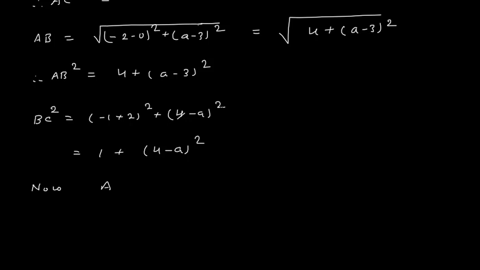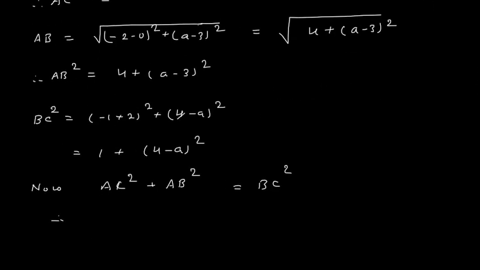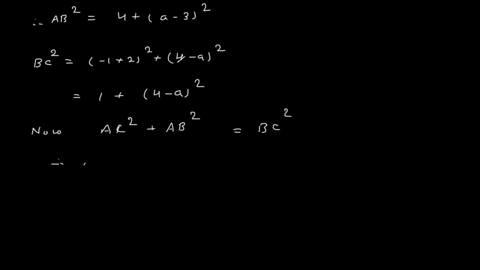Now we know that AC square plus AB square is equal to BC square. Therefore, we will say that 2 plus 4 plus a minus 3 the whole square is equal to 1 plus 4 minus a the whole square.